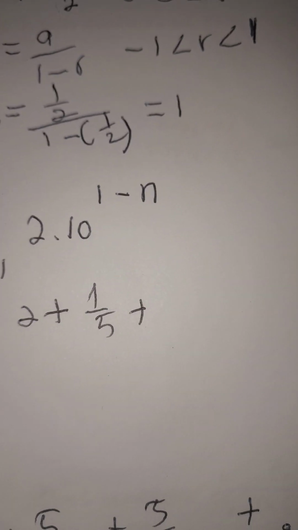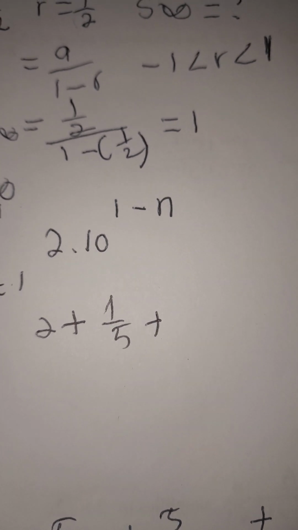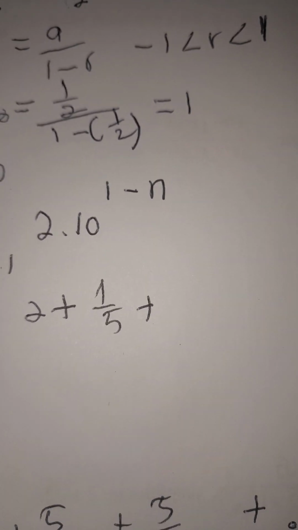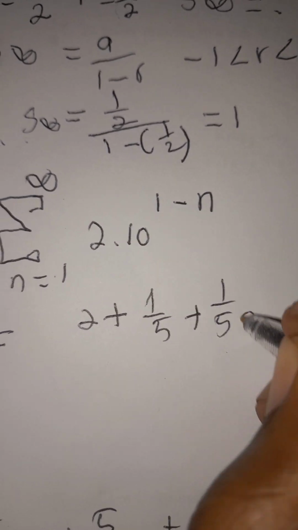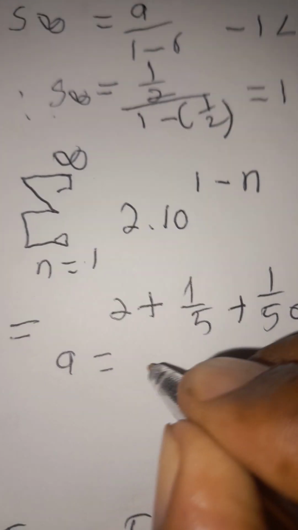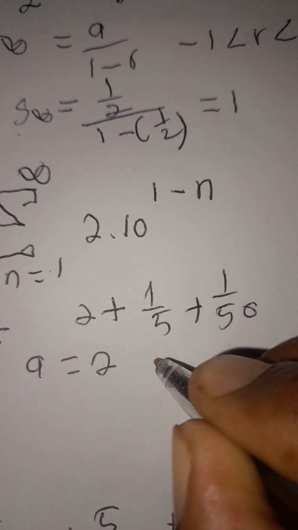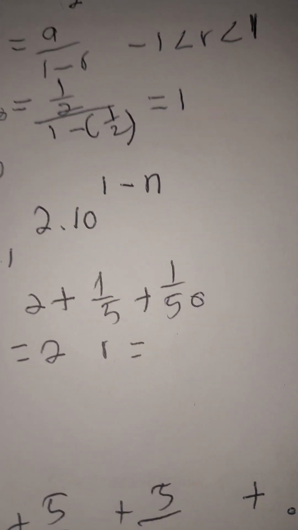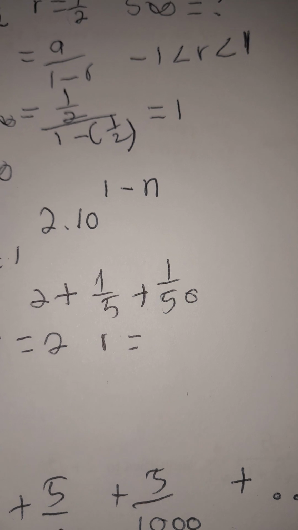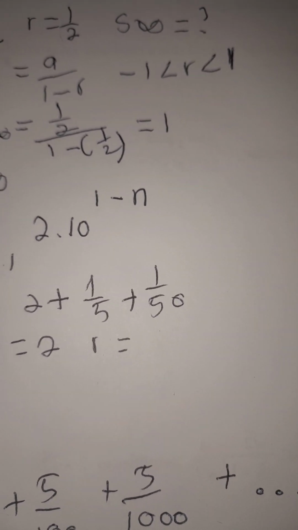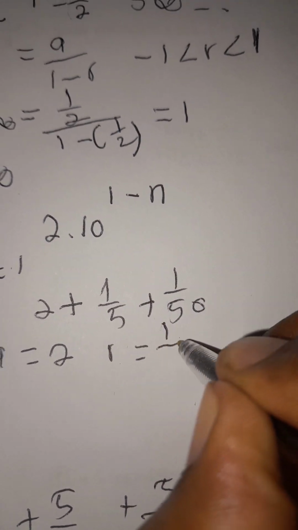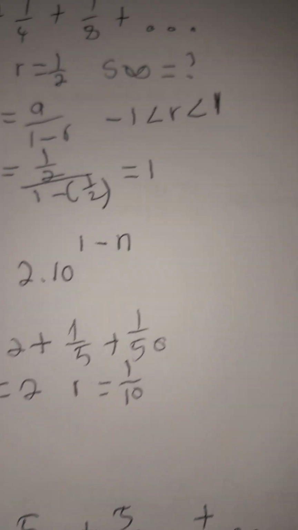Then let's place 3, and that will be 1 over 50. The first term is 2. Then the ratio will be 1 over 5 divided by 2, which will give you 1 over 10. 1 over 10 is similar to 0.1.